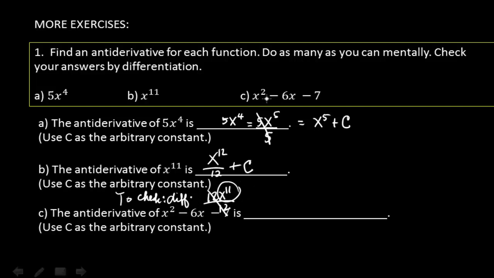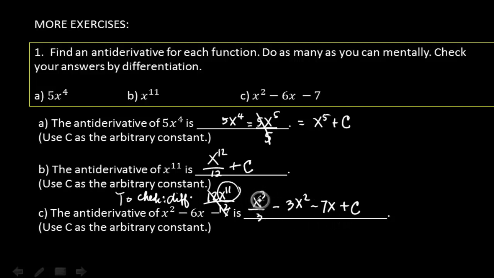So what do we do with letter C? We just take the antiderivative term by term. So that becomes x cubed over 3 minus 6x squared over 2. So really what you've got is x cubed over 3 minus 3x squared plus a constant. And the best way is just to check term by term.